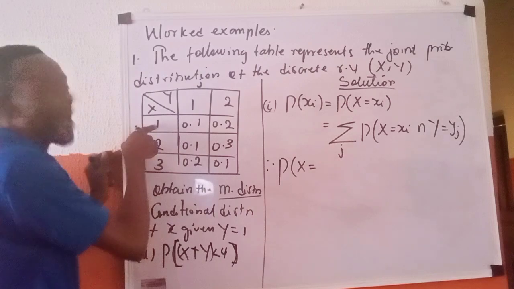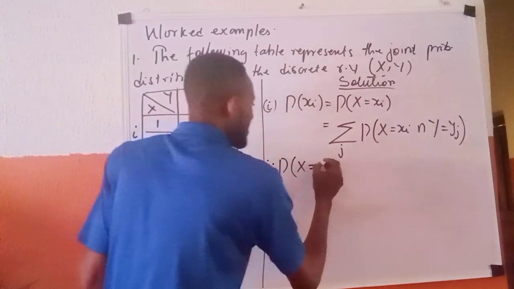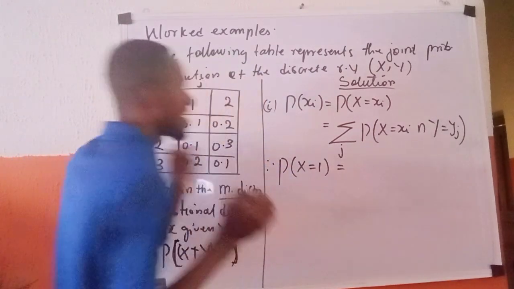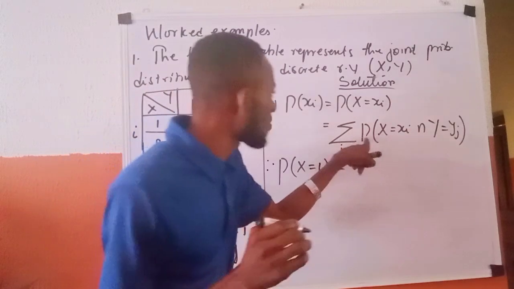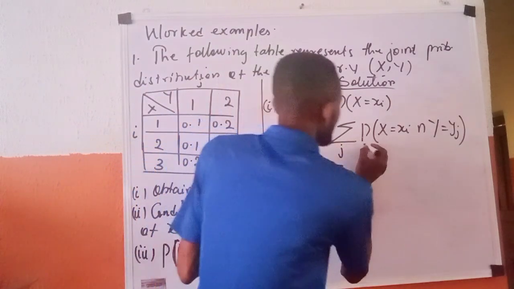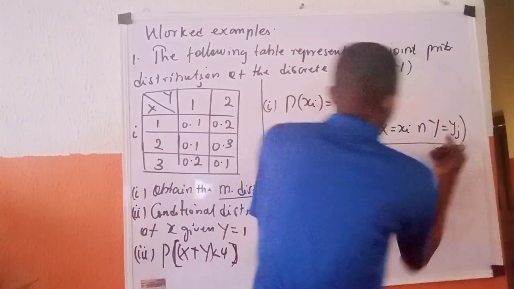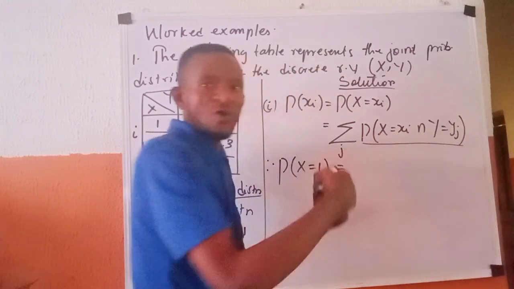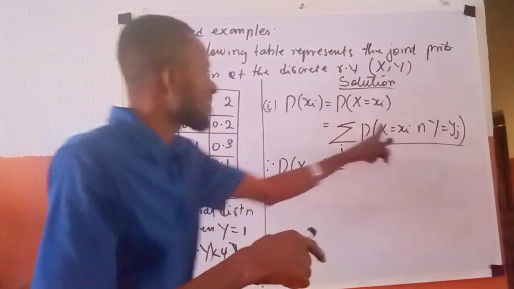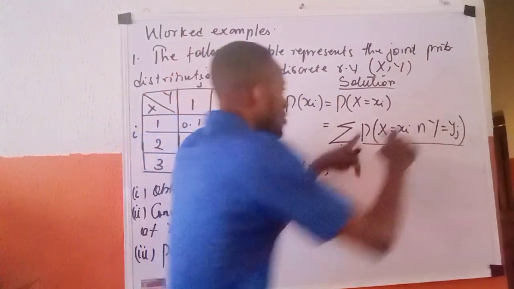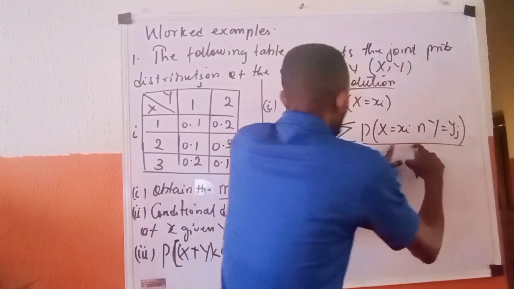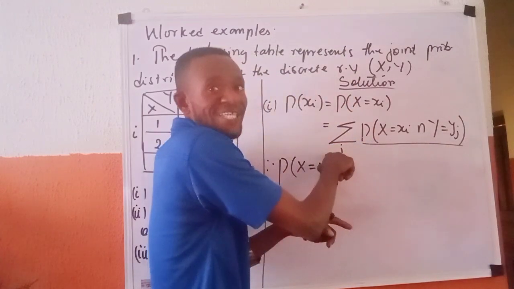So I now say capital P of x equals 1. I am going to sum this probability, which is the joint probability of x and y, over j.